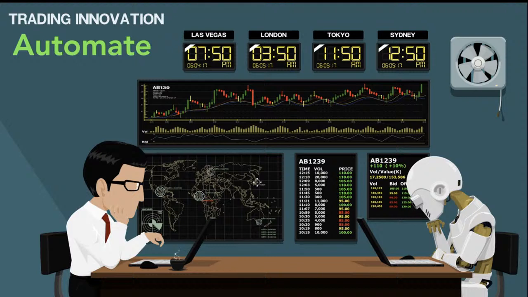So yes, at Bitsgap we are constantly looking for new ways of how to effectively use automated trading to optimize, to maximize profits on the sideways and the upside momentum.